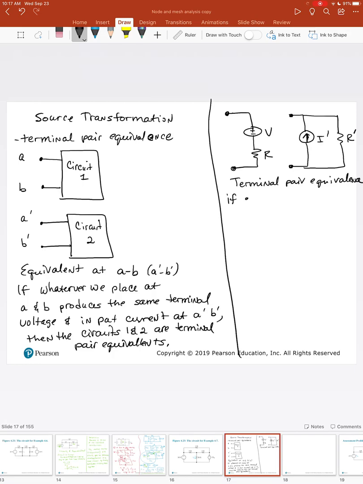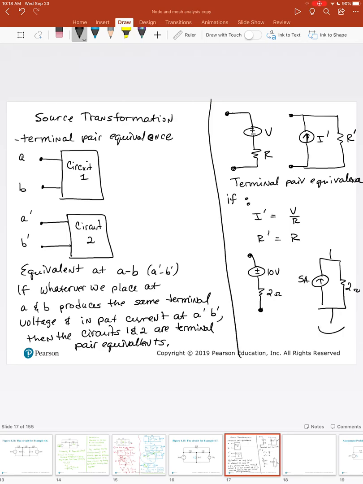We have terminal pair equivalence if I prime is V over R and R prime is equal to R. So, for example, if you have 10 volts and 2 ohms, that can be replaced with a current source 10 over 2 or 5 amps in parallel with that 2 ohm resistor.